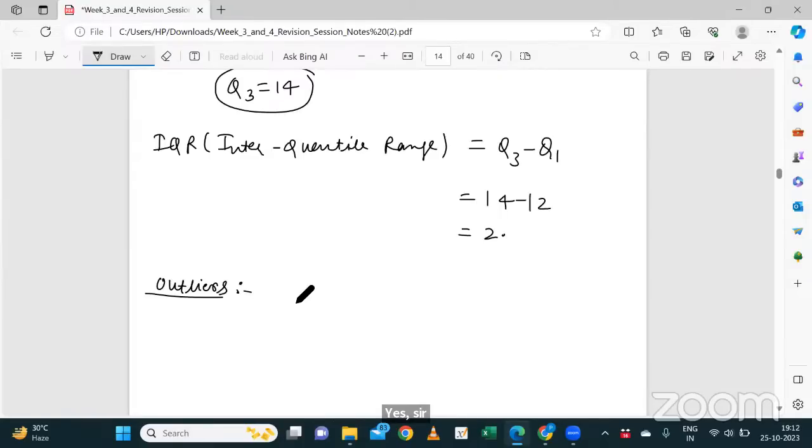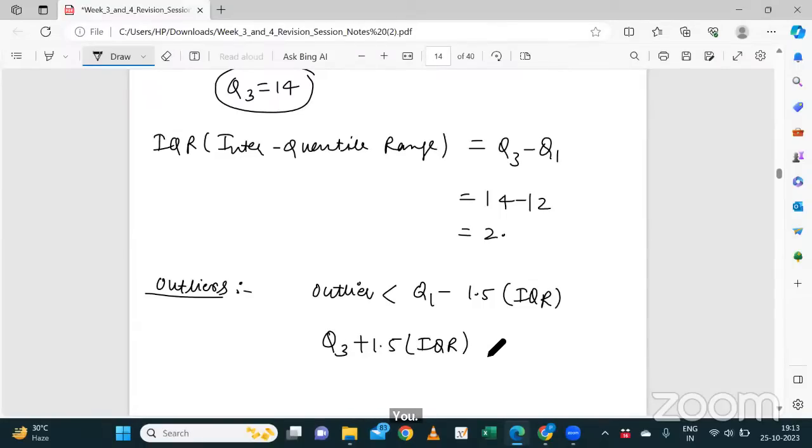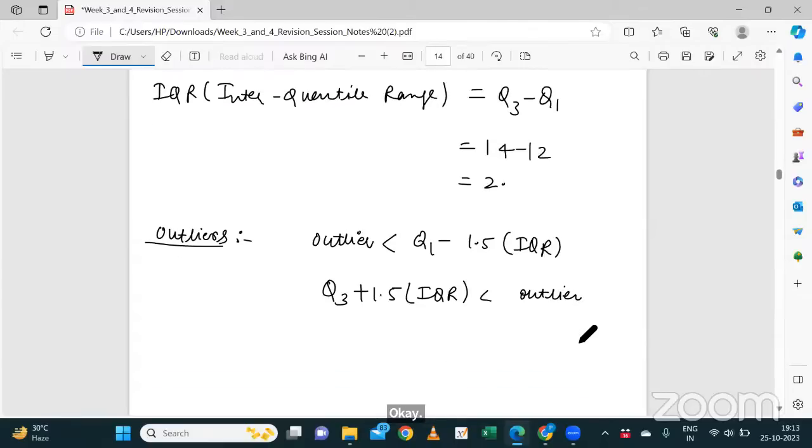An observation is an outlier if it is less than Q1 minus 1.5 times IQR, or greater than Q3 plus 1.5 times IQR.